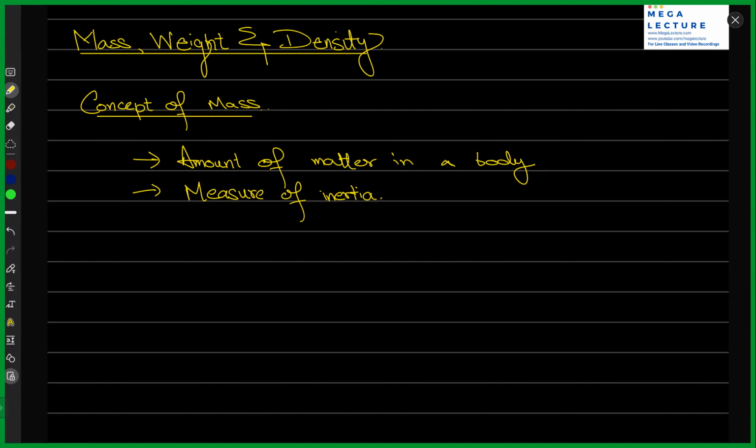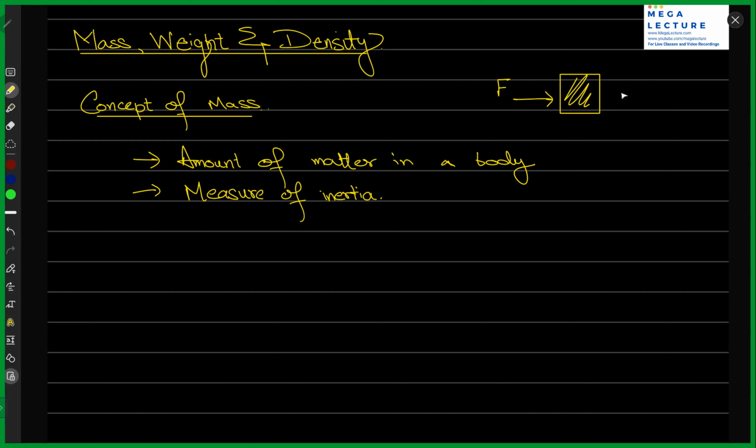For example, if I apply some force to a body, it will change its speed. We have already learned that the force will cause it to accelerate.